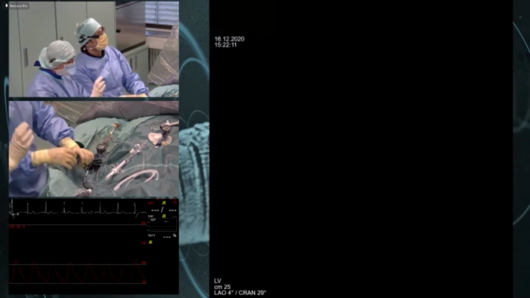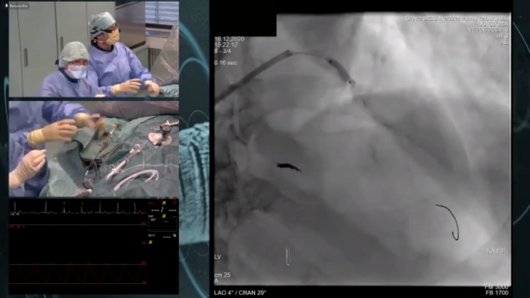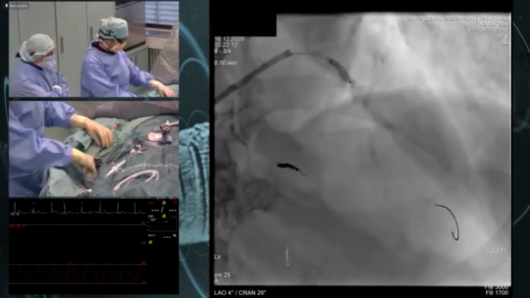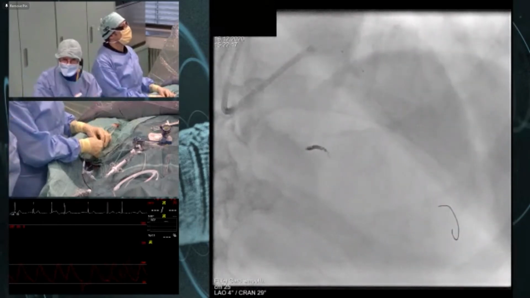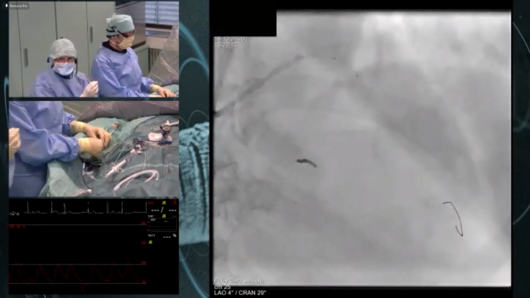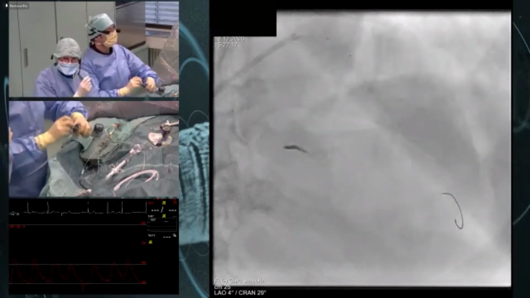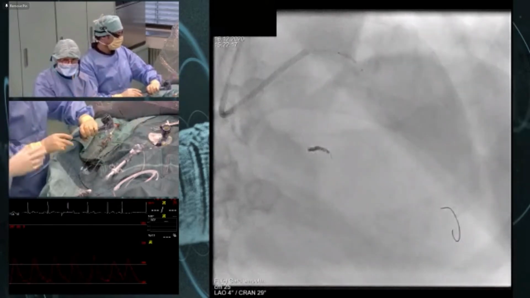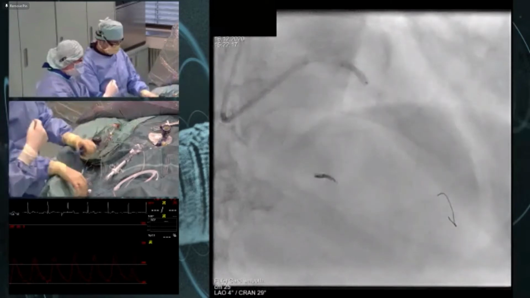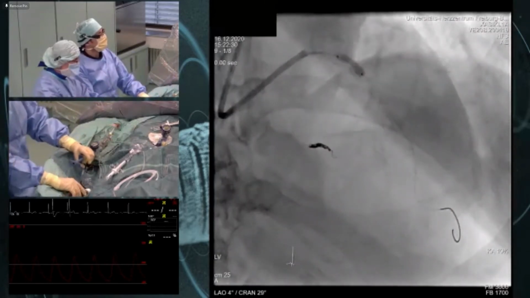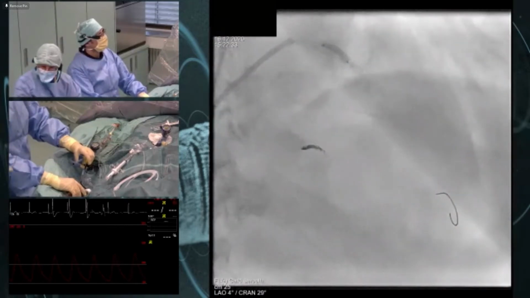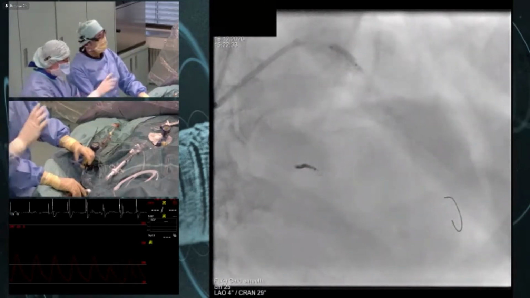The balloon is working, so we see some improvement. According to the balloon size, we should use the IVL balloon in a ratio of 1:1, the same diameter as the vessel. We should repeat this here a few times in this position.